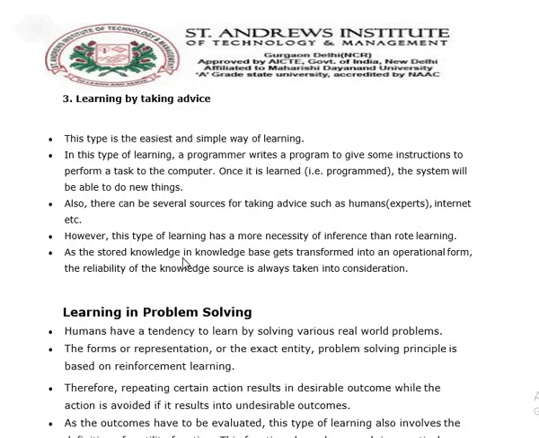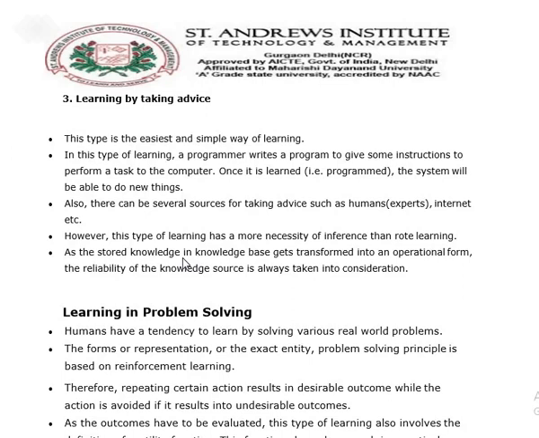There are several sources of taking advice. For humans, expert systems are also developed. Whenever a doctor is treating a cancer patient, or neuro patients, they undergo different kinds of strategy. However, this type of learning needs more interference from remote learning.